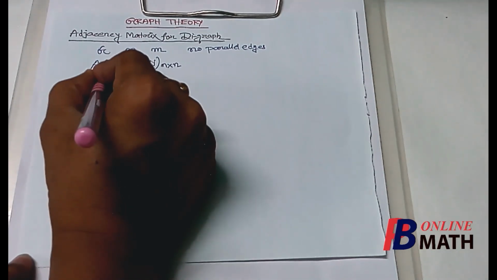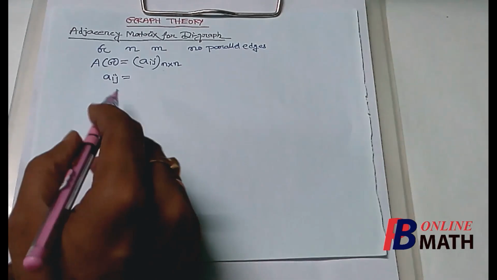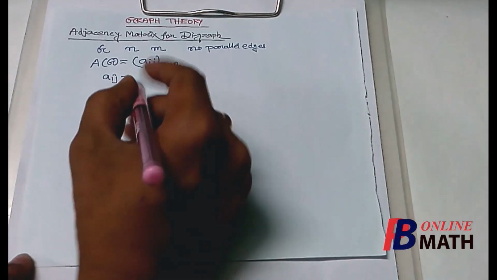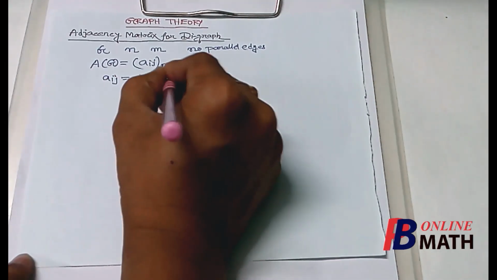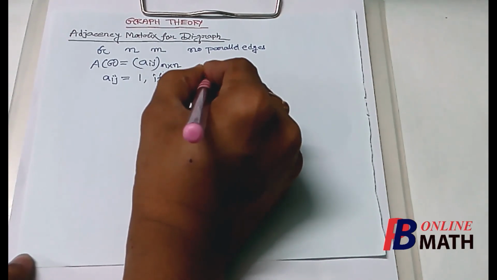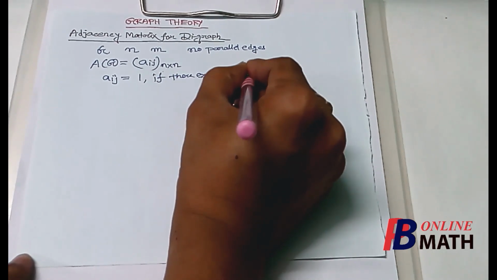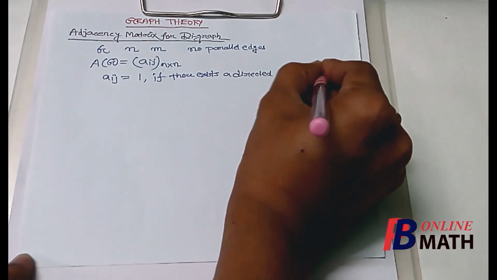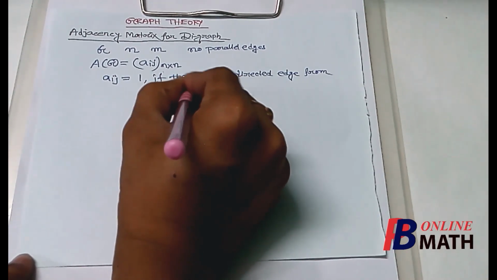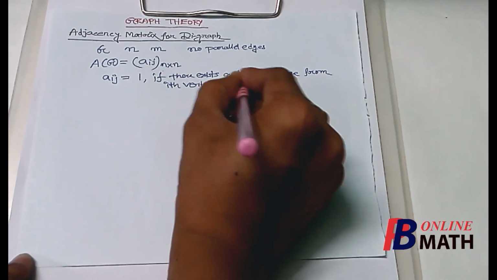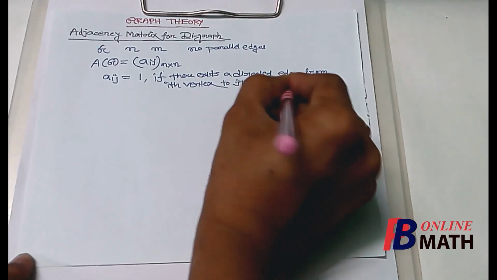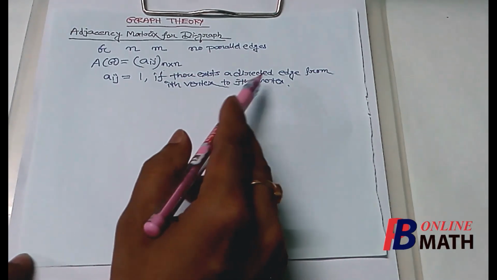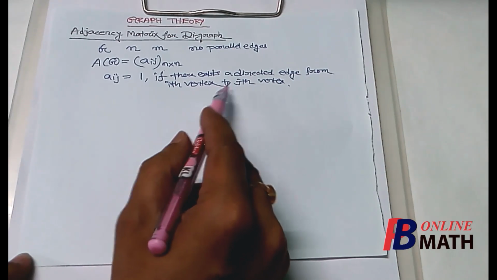And in a directed graph, we define the elements Aij as follows: we put Aij equal to 1 if there exists a directed edge from the ith vertex to the jth vertex.